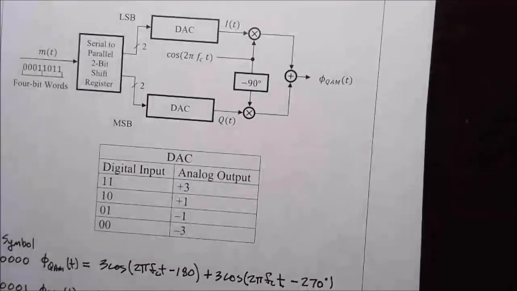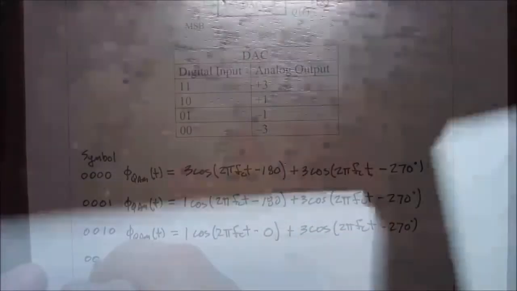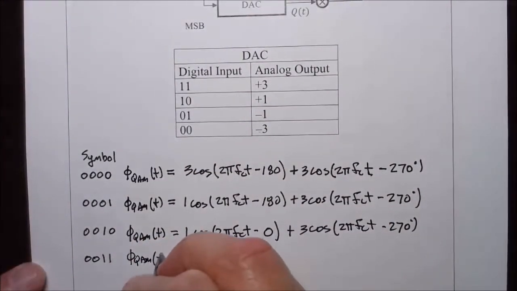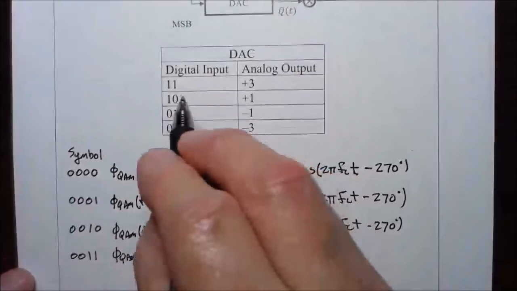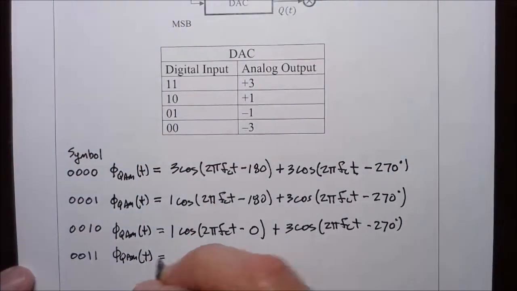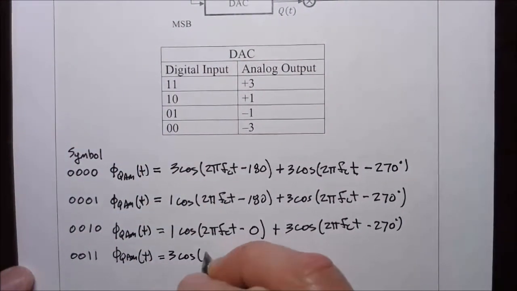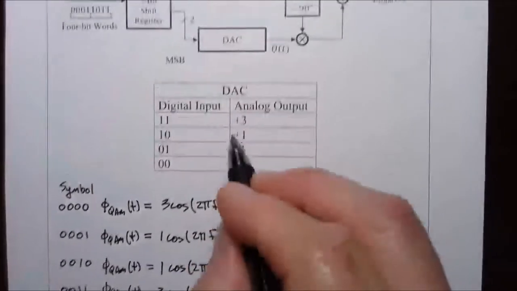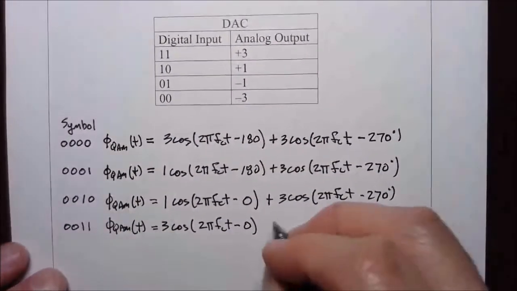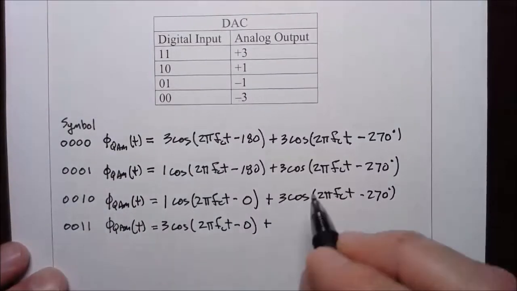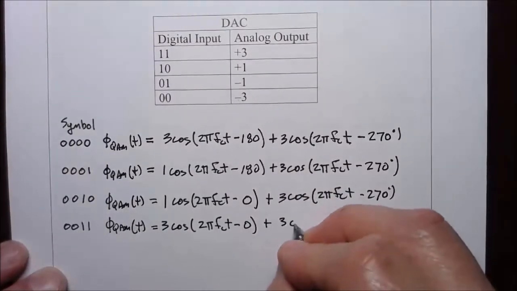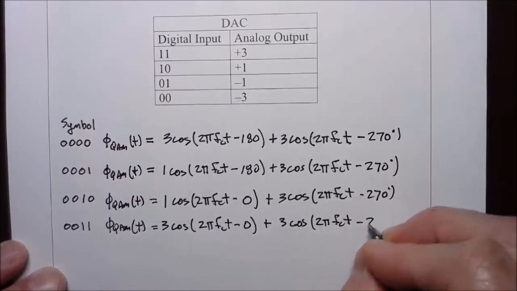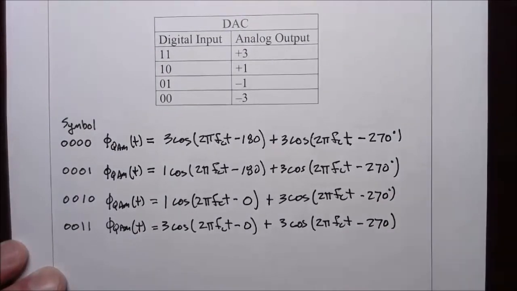But let's do 0, 0, 1, 1 in QAM. The two least significant bits map to plus 3, so that's going to be 3 times cosine 2 pi FCT minus 0, because it's got a plus sign. And then for 0, 0, we get the same, 3 times the cosine 2 pi FCT minus 270 degrees.